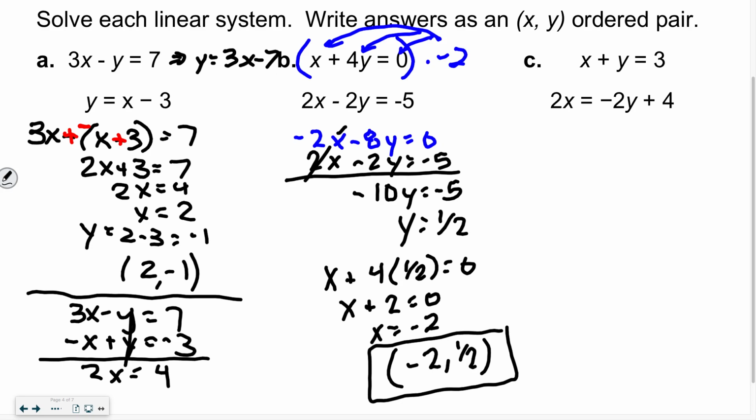Okay. Real quickly before we dismiss, this last one, how did you guys end up solving it? No solution. What method did you use? Substitution, elimination? Substitution. So what did you solve for? I solved for y on the first. Okay, so I just heard Chase say he solved for y in the first one. That's y equals 3 minus x.